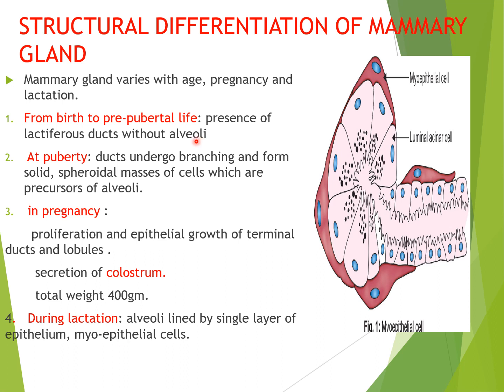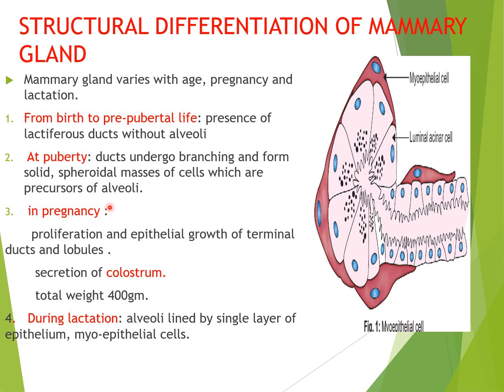Then at puberty, the ducts undergo branching, which we have seen in the previous slide, the branching pattern of the ducts. And peripheral branches form solid spheroidal masses of cells which are the precursors of the alveoli. Okay, they are the precursors of the alveoli.